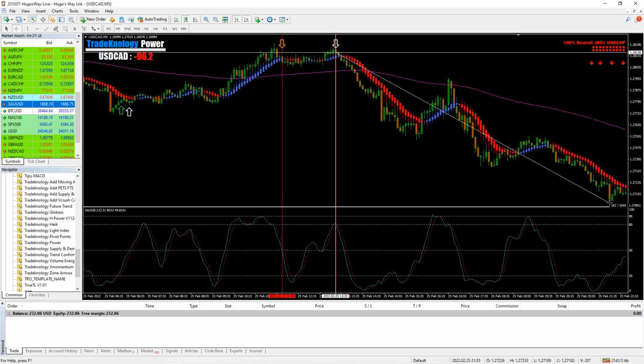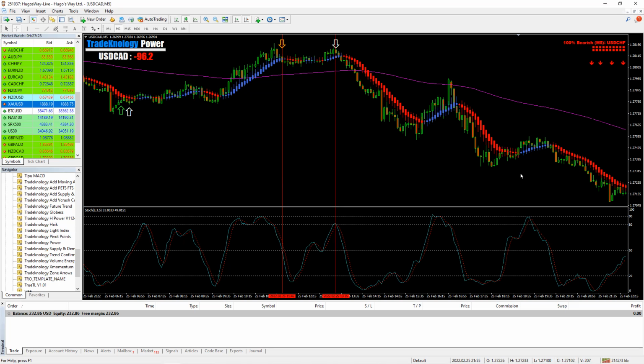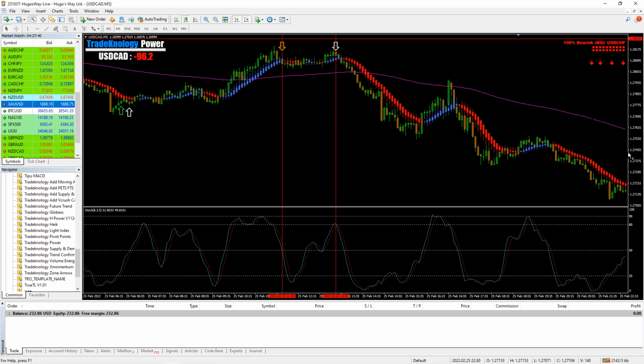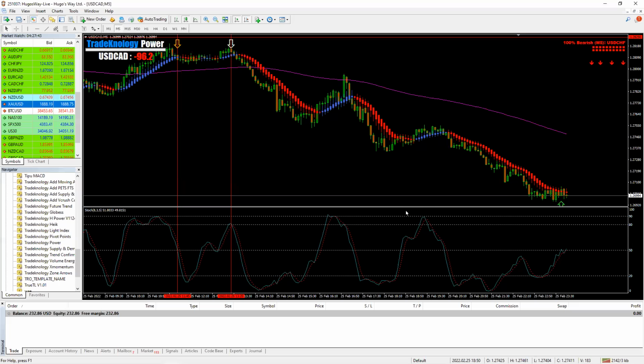And as you can see, it went up and down, up and down, but it got to its destination. Now, did it ever hit a stop loss? Let's take a look. We're going to set the stop loss right behind the arrow. So your stop loss is up here. Did it ever get close? No.